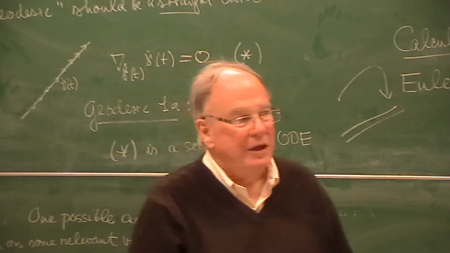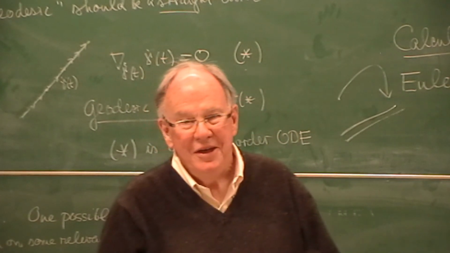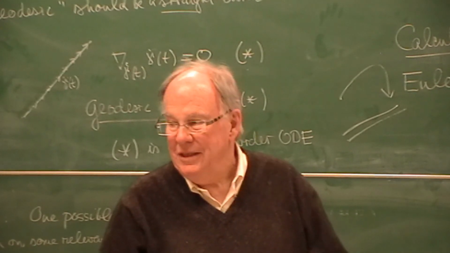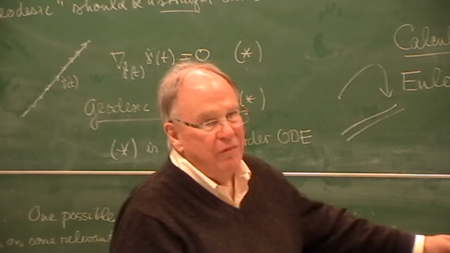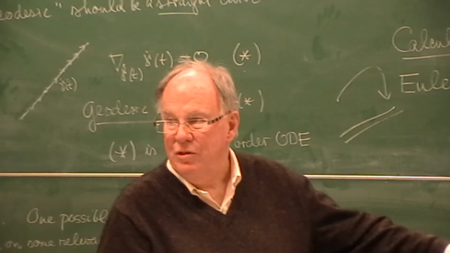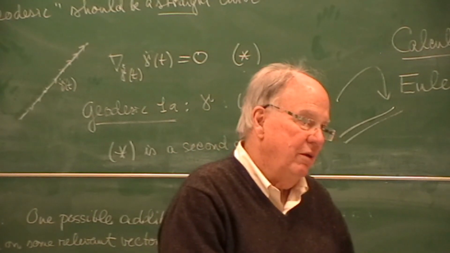If you have a symplectic structure and a Hamiltonian, I'm speaking to physicists now, there's a way of understanding Hamiltonian systems. Geodesic flow is exactly the associated Hamiltonian system on the cotangent bundle. This means symplectic geometry is embedded in this subject. Let me say it again.